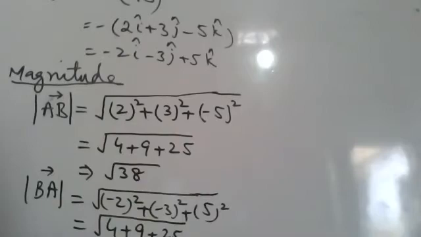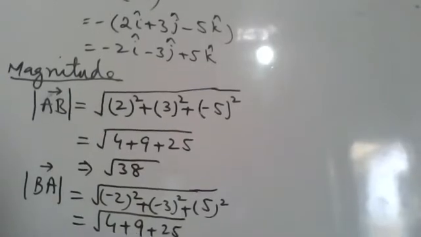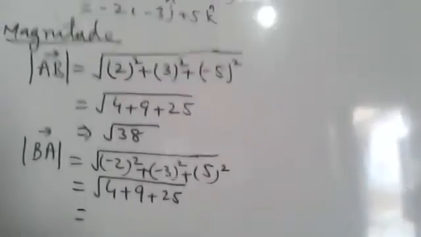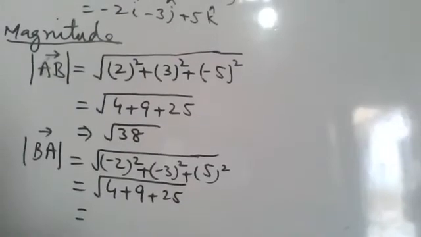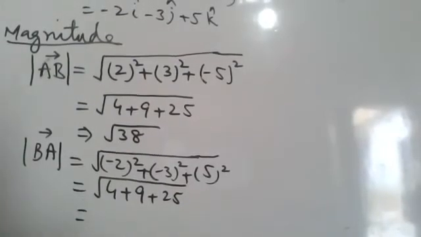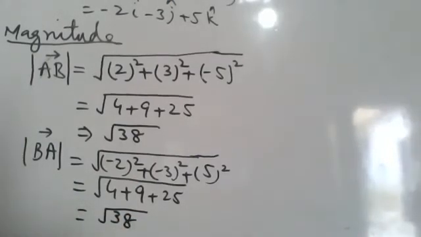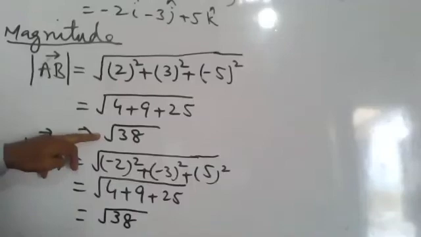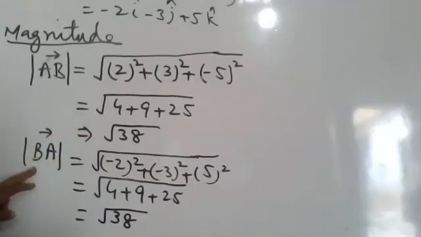The answer is root 38. So you have seen that the magnitude of AB is equal to root 38, and the magnitude of BA is also root 38.